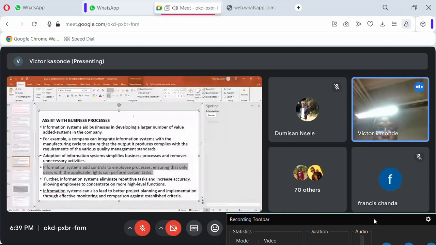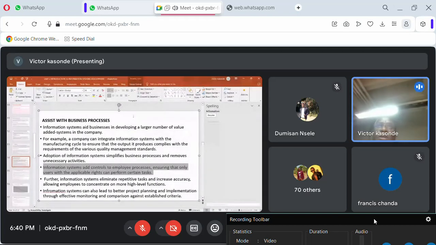Furthermore, information systems eliminate repetitive tasks, increasing accuracy, and allow employees to concentrate on higher-level work. If you adopt the information system, you find that the issues of making mistakes, entering the same person twice, are reduced.